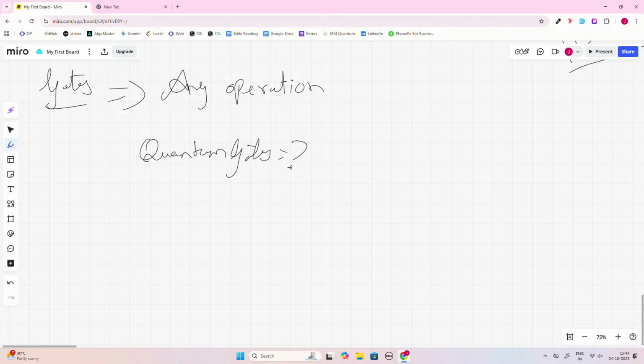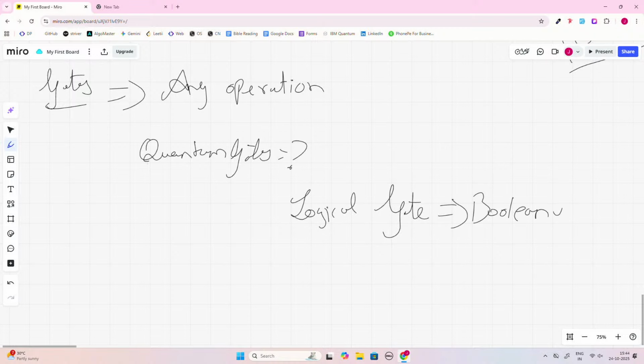Okay. Now comes the real logic, or the core behind it. The simple deal goes like this. For example, if you take a classical gate, which is known as a logical gate, this is completely based on Boolean algebra.